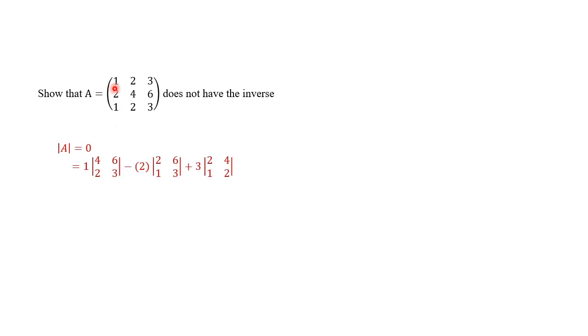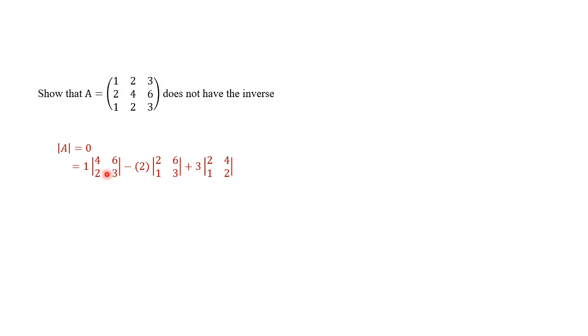Alright, let's go to our next example. Show that A, this matrix, does not have an inverse. To show that this matrix does not have an inverse, we just need to find the determinant and see whether it equals 0. We do the same thing. This is our first row: 1, 2, 3. We expand that row.